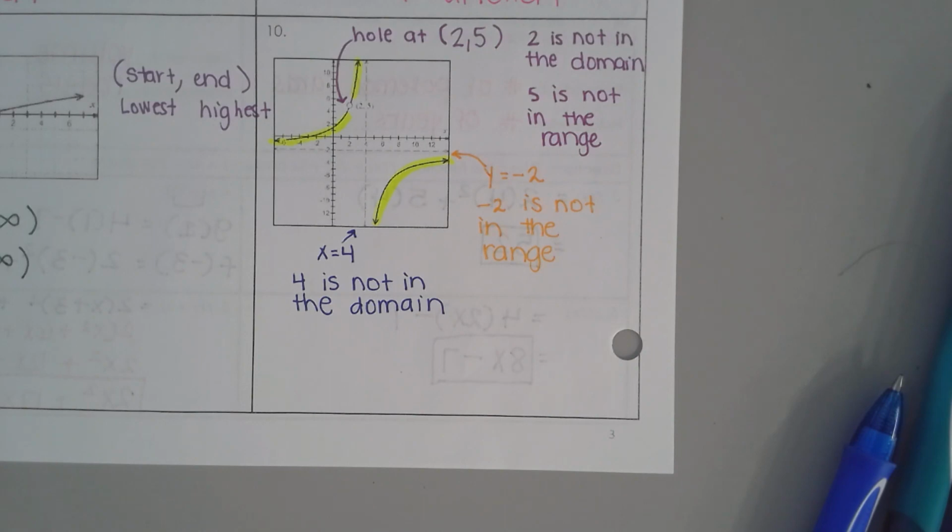What 2 numbers did I say were not included in the domain? 2 is not in the domain, and 4. So we want to go least to greatest. So 2 and then 4. Even though 2 is not in my domain, 1.999999 is.